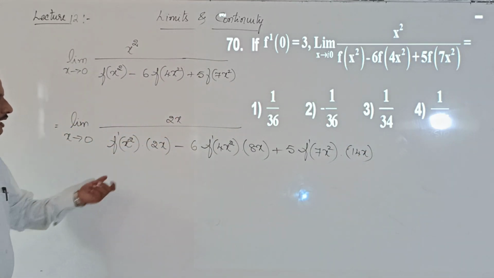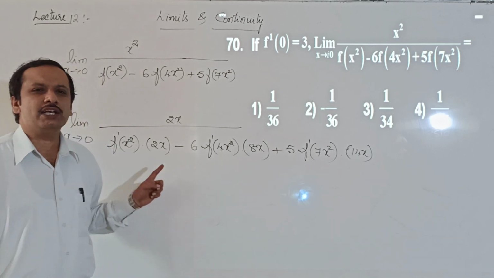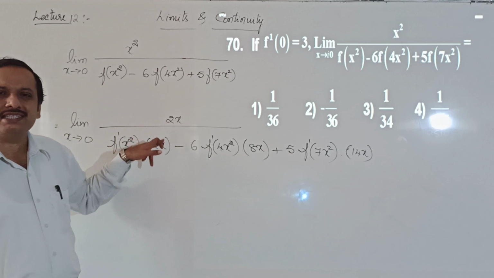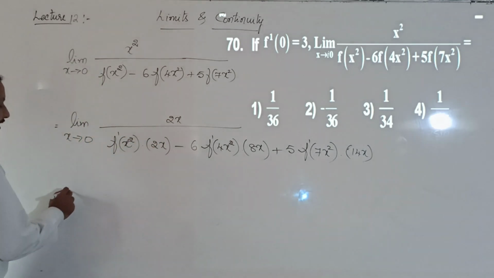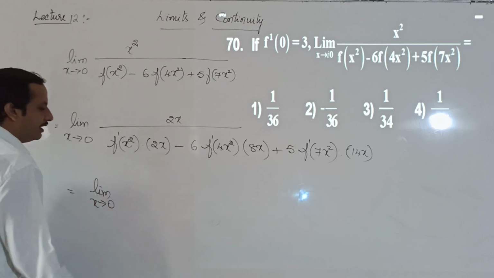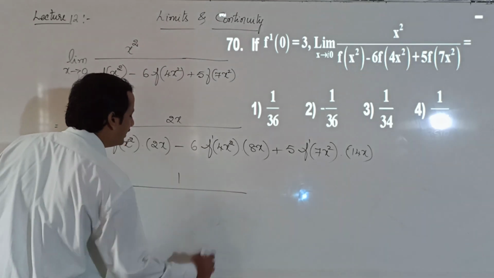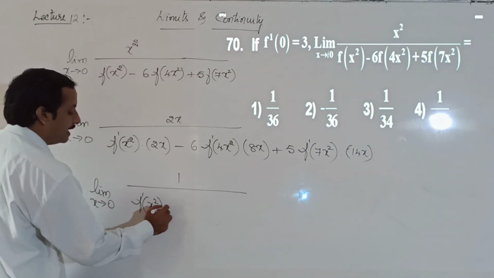Okay? Now, in the denominator, I will take 2x as a common factor and I will cancel that with this 2x of the numerator. So after taking 2x as common and after cancelling it, we will be left with 1 in the numerator. In the denominator, I have cancelled 2x. So f dash of x square is there.